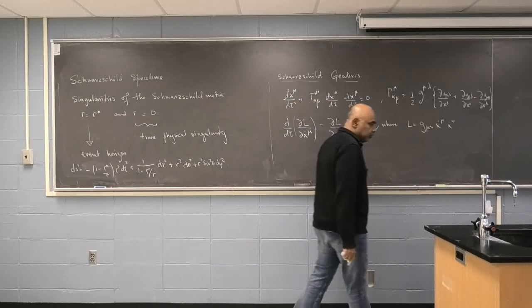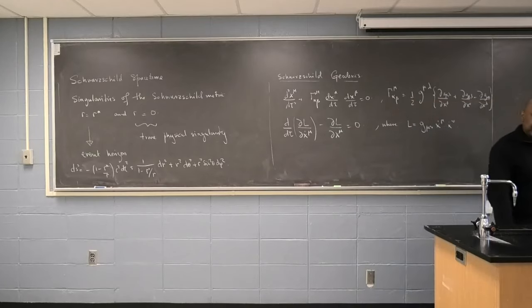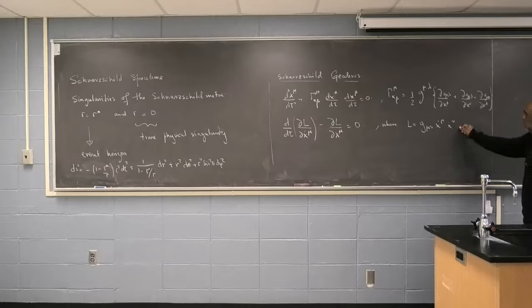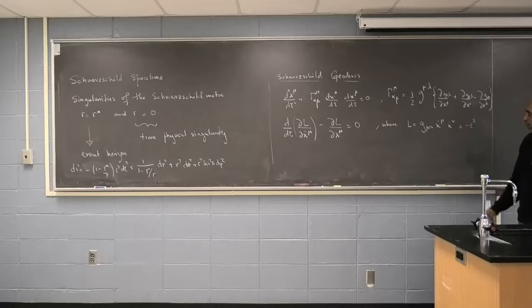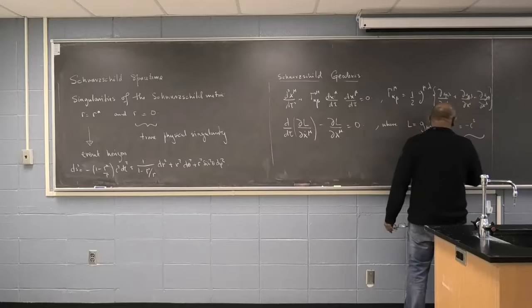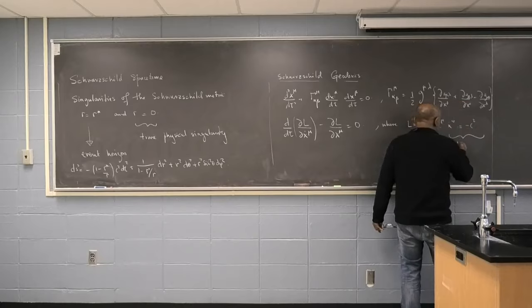But for a time-like particle, this is actually a constant. Can you tell me what that is? This is just u squared. So this is nothing more than minus c squared, for time-like.